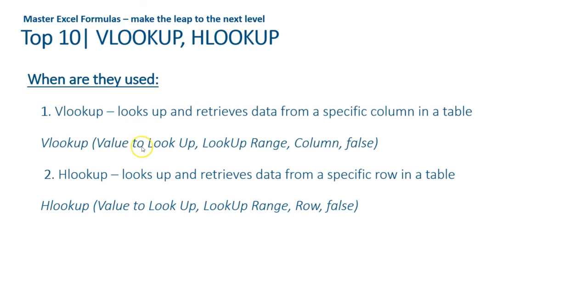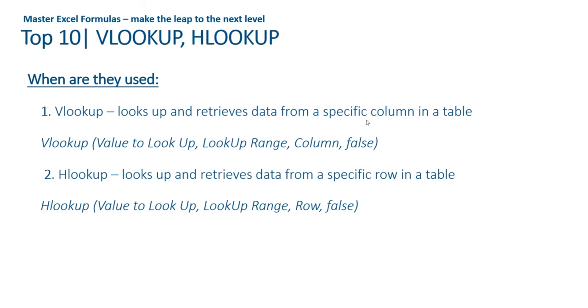First of all, we need to select the value that needs to be looked up, then the range in which that value needs to be looked up, and then which column the formula should retrieve data from. Then I have written here false, but it can be true as well. False ensures that an accurate outcome is provided, whereas if this is true, the outcome can be approximate. HLOOKUP is pretty similar, but this formula retrieves data based on rows rather than columns.